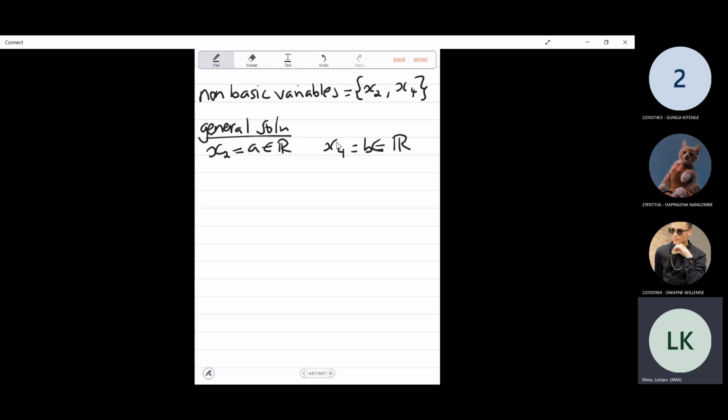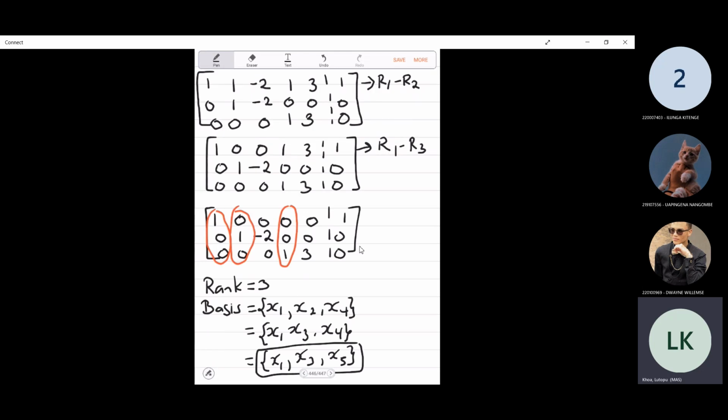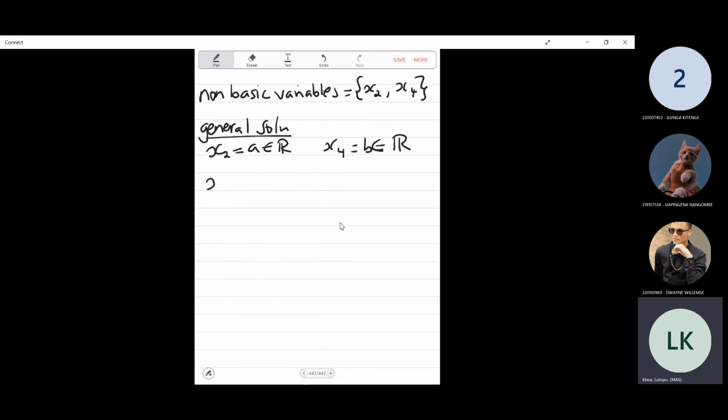And then we rewrite the basic variables in terms of the non-basic variables, using the equations that we have here. You can see I have x1 is equal to 1, so that one does not even depend on a and b.